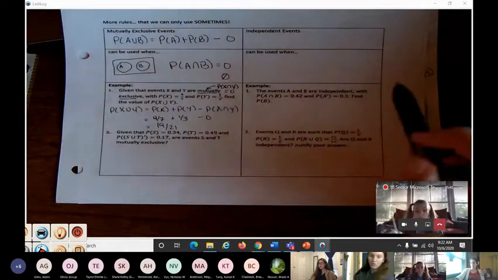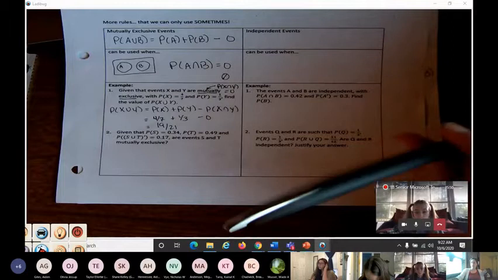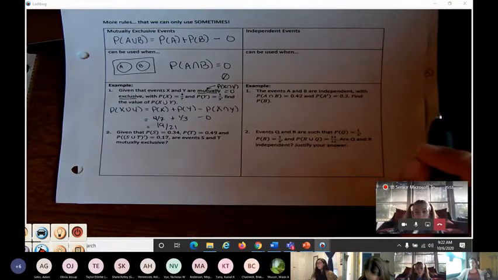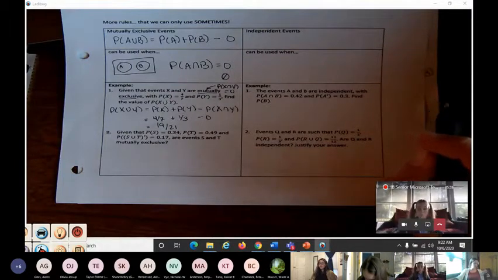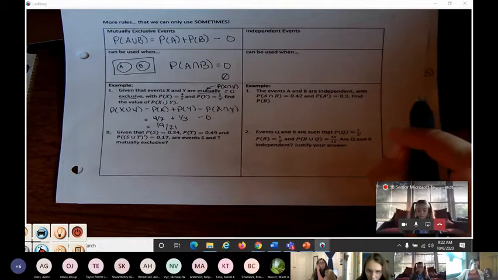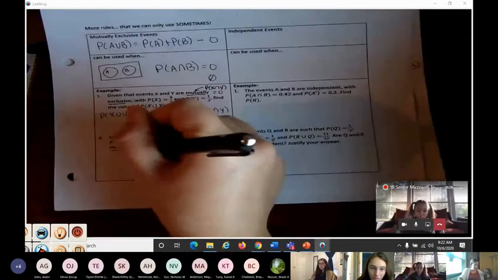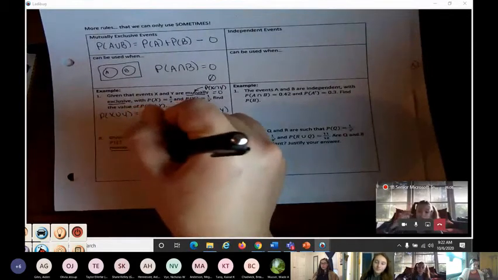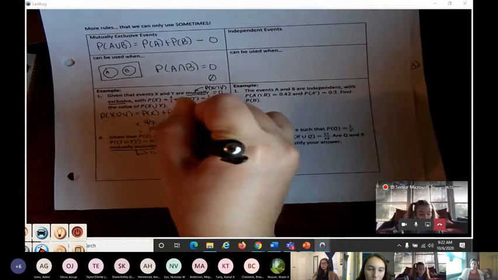It says, given that P of S is 0.34 and P of T is 0.49, and the complement of the union is 0.17, are events S and T mutually exclusive? So it's asking, is the intersection 0? Is P of T intersect S equal to 0?